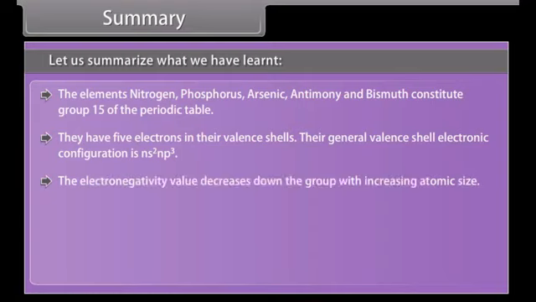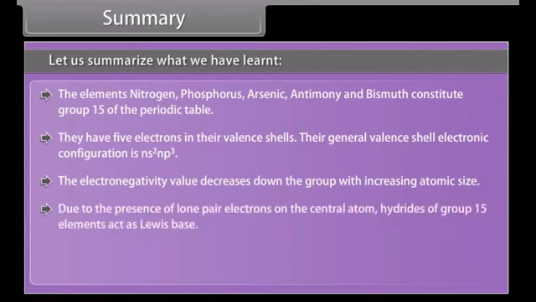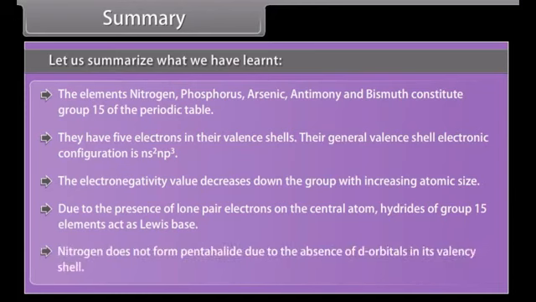The electronegativity value decreases down the group with increasing atomic size. Due to the presence of a lone pair of electrons on the central atom, hydrides of group 15 elements act as Lewis bases. Nitrogen does not form pentahalides due to the absence of d orbitals in its valence shell.